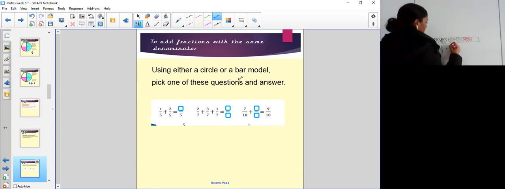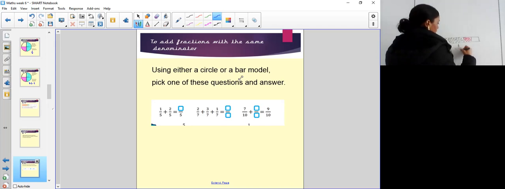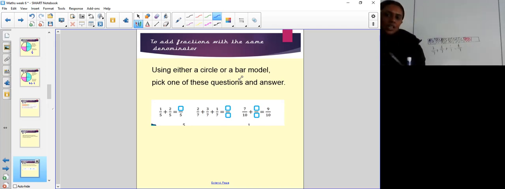So now I'm adding 1/7. Now I would add these all together, or I could just count it. So 2/7 add 3/7 add 1/7 is 1, 2, 3, 4, 5, 6, 7. How could I also change that fraction? What would this fraction also be? Have a think.